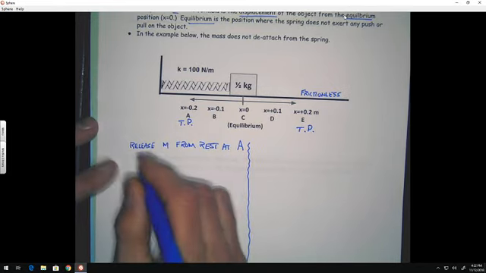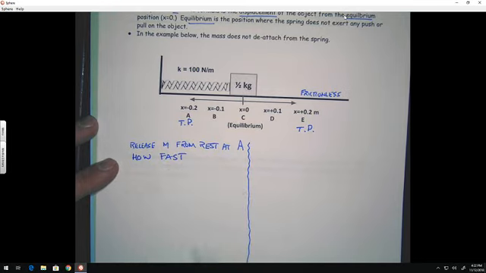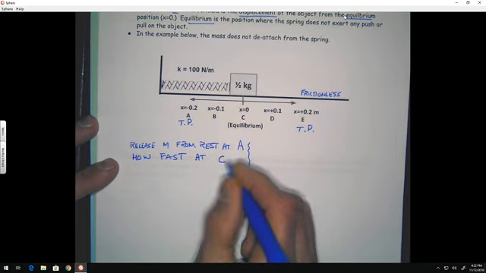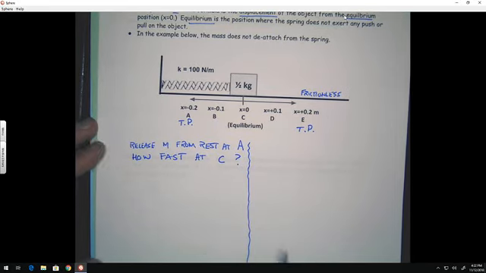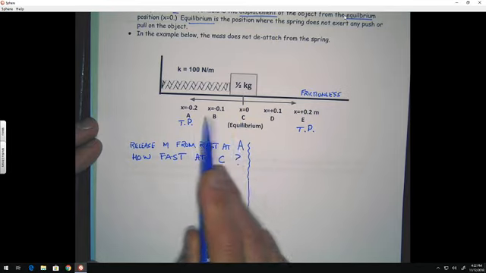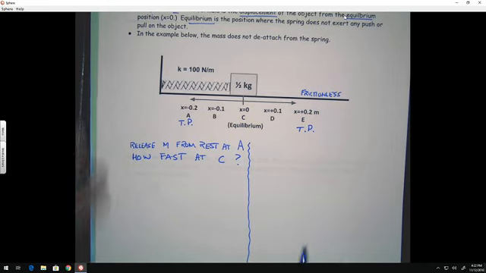And the question would be, how fast is the mass going at C? So if you let this thing go and it starts moving, it's going to get faster and faster, and we want to know exactly how fast is it moving when it gets to C.